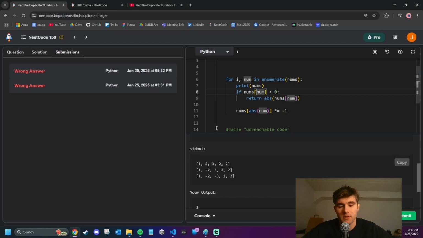Maybe. So 1 makes this one negative, and then 2 makes this one negative, and then 3 is negative, but we don't care if. So it should make this one negative. So nums of negative.